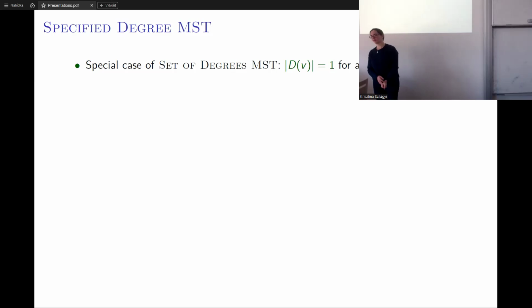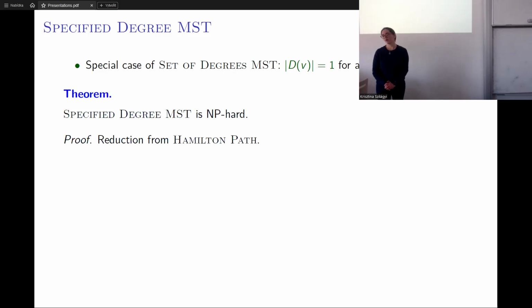Another problem that we will work with is specified degree MST, which is a special case where for every vertex we are given 1 degree that is allowed, and of course that degree may be different for each vertex, but for each vertex there is only 1. And it is easy to see that this special case is NP-hard by a reduction from Hamiltonian path.